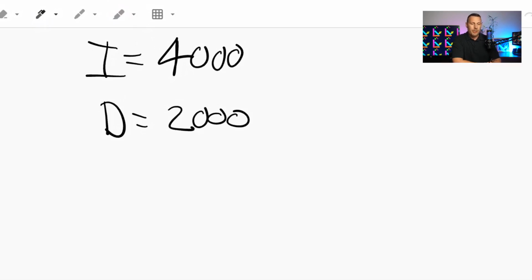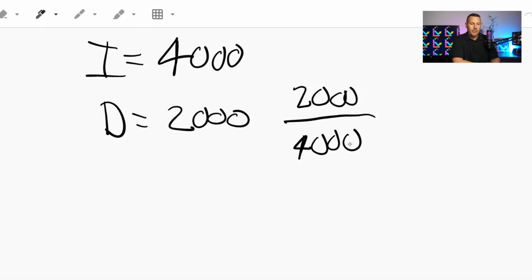In order to calculate your ratio, we're going to take your debt and divide it by your income. So we're going to take this 2,000 divided by 4,000. If you use your calculator, of course, you know what the answer is: 0.5. Now, in terms of a percentage, 0.5 is the same thing as 50%.